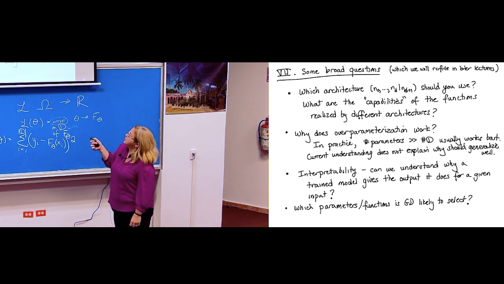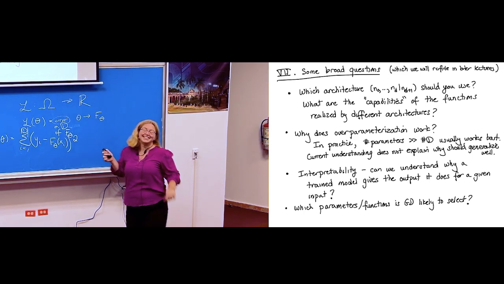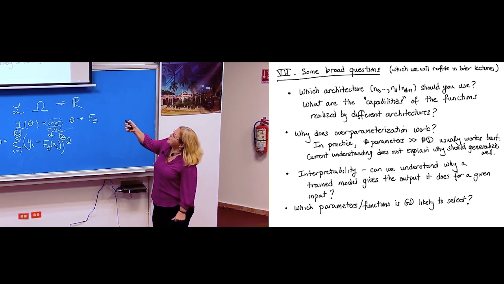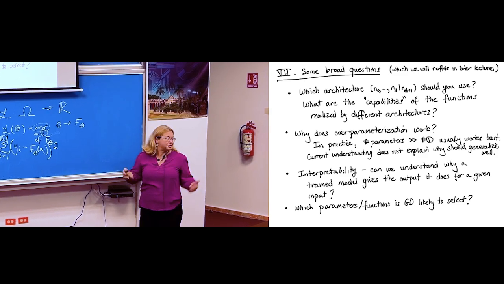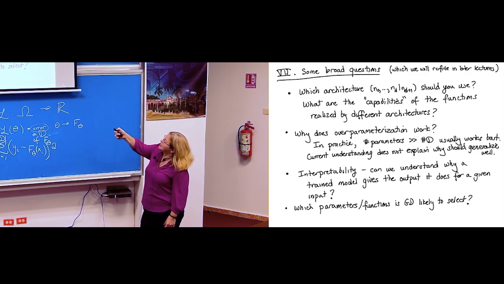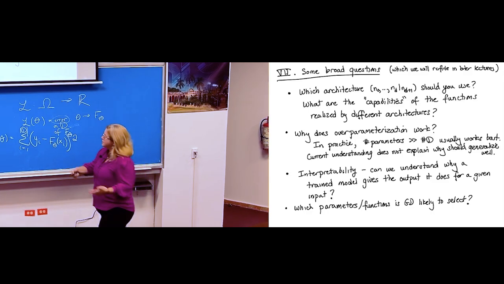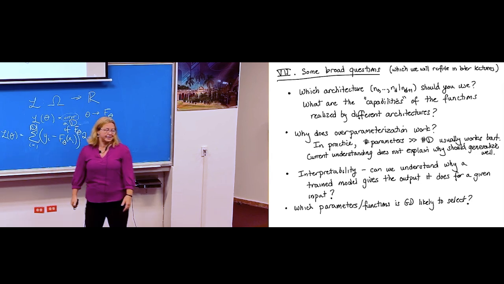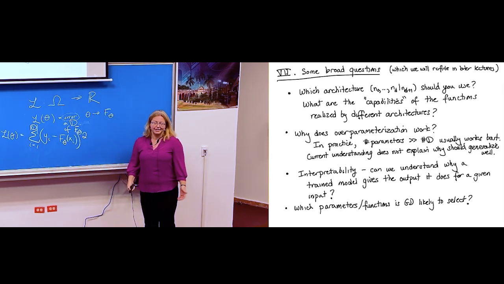The first question, which I think you asked, is which architectures are you allowed to use, and which ones should you use? If you're a person actually trying to do this in practice, and you sit down with a data set, how do you pick which family of functions to use?